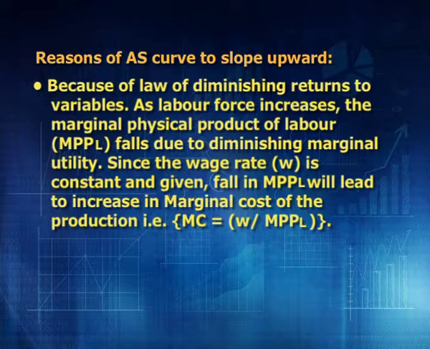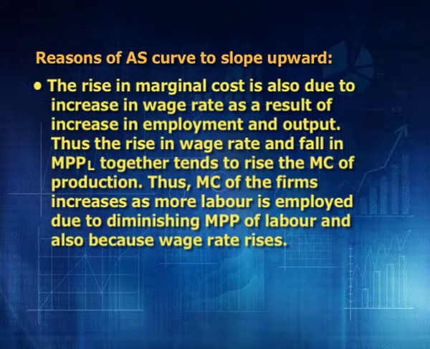Since the wage rate W is constant and given, a fall in MPPL will lead to an increase in the marginal cost of production, that is, MC is equal to W by MPPL. Secondly, the rise in marginal cost is also due to an increase in the wage rate as a result of an increase in employment and output.